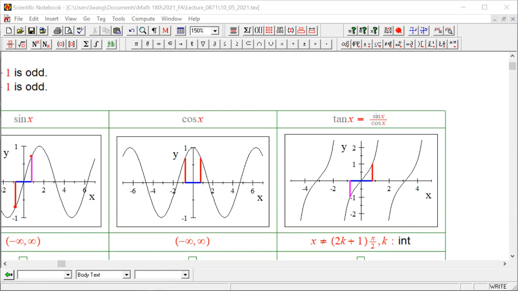You have to just let K run in your head: 0, plus 1, minus 1, plus 2, minus 2, plus 3, minus 3. And it has to represent all the possible odd numbers without missing one. No odd number should be missing. It has to be completely thorough.